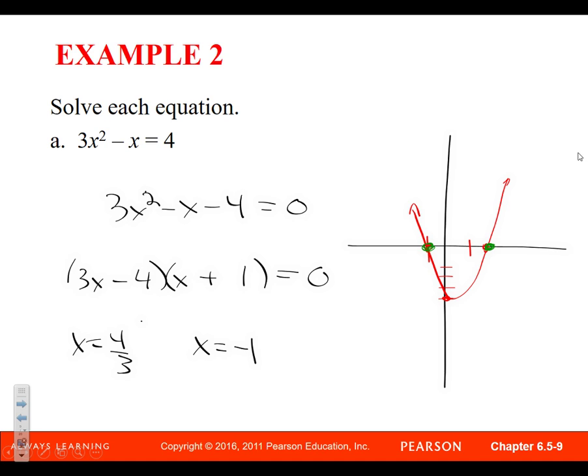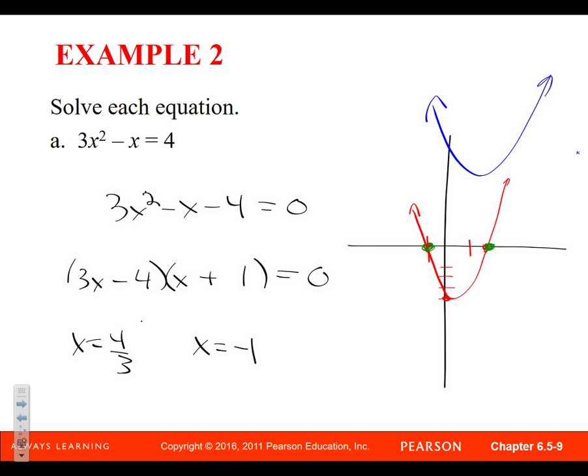Now, will you always get two? No. You might get one solution, or you might get no solutions. Okay? You guys see why? There you see that obviously you can cross 2 times on the x-axis. That's when you get two solutions. Sometimes you might get a parabola that does this. Does that line ever cross the x-axis? No, so you get no solutions.